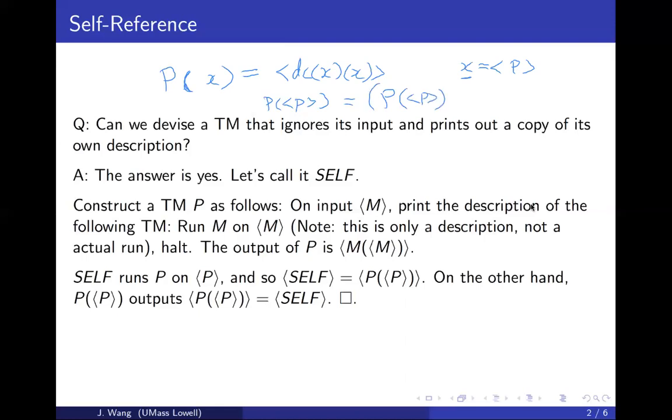That is what self does. Self just runs P on the encoding of P itself as input. So this guy is self.